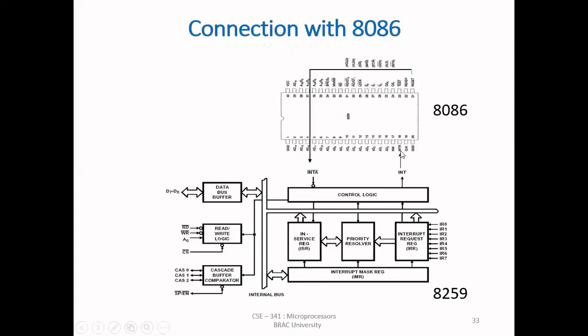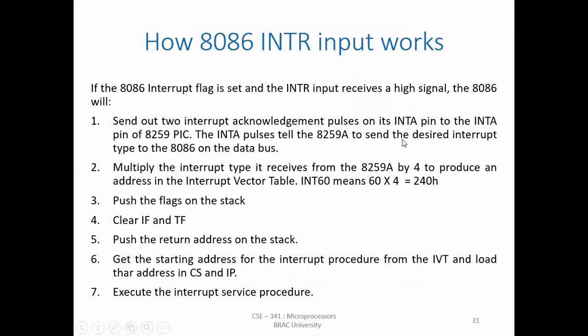If the interrupt flag is not set, that means the 8086 was not ready to receive any kind of interrupt, then this interrupt will be disabled. Or you can say this interrupt cannot be serviced now, but maybe serviced later. But if the IF flag is set, then it will receive that interrupt and serve it by the procedures I have described. Okay.